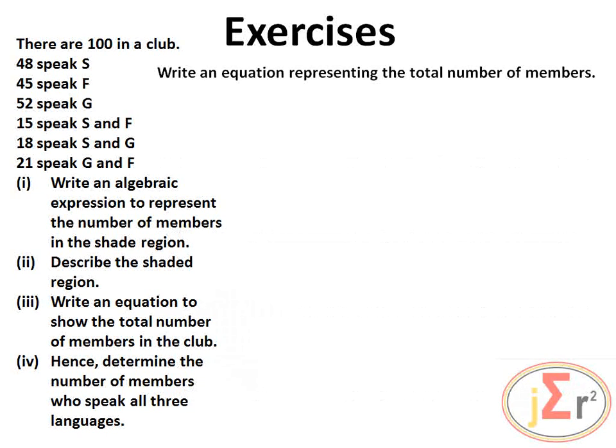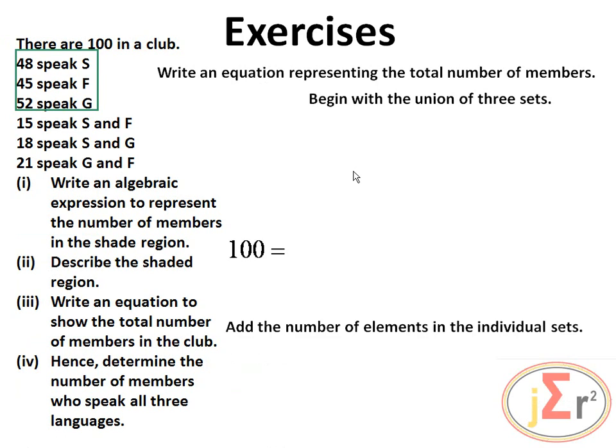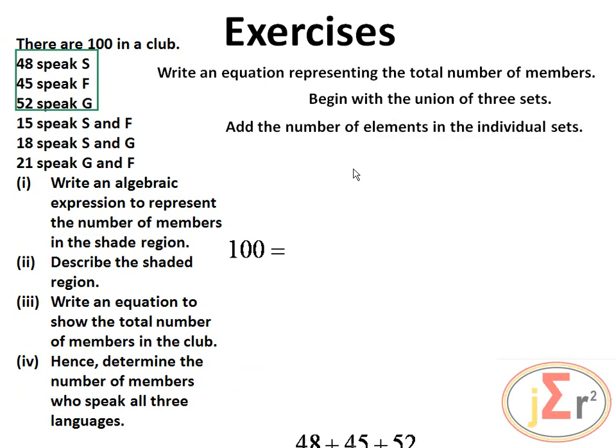Write an equation representing the total number of members. Of course, there are 100 in the club, and that 100 will represent the union of the three sets. Then we take the number of elements in the sets individually, and of course they are added on the right hand side.